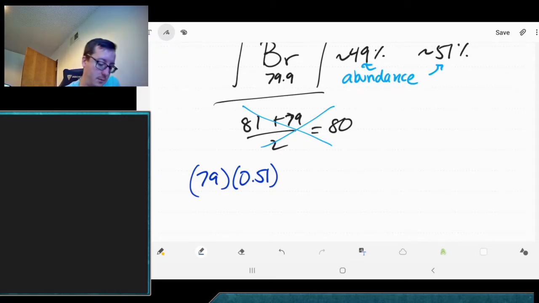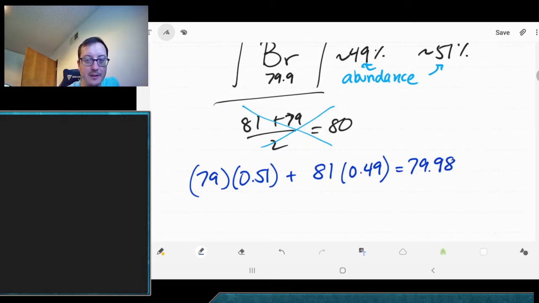And our bromine 81 is about 49%. Let's see what happens if we do this. Let's do the math here. So 79 times 0.51 plus 81 times 0.49. Oh, 79 point, technically 98, but we'll be okay with this.